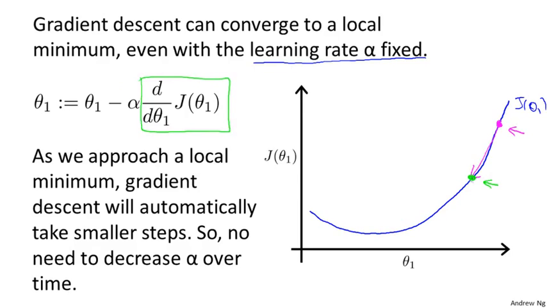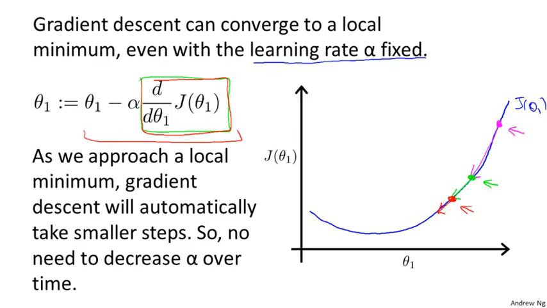So when I take another step of gradient descent, I will naturally take a somewhat smaller step from this green point than I did from the magenta point. Now I'm at a new point, the red point, even closer to the global minimum. So the derivative here will be even smaller than it was at the green point. So when I take another step of gradient descent, my derivative term is even smaller, and so the magnitude of the update to theta 1 is even smaller.